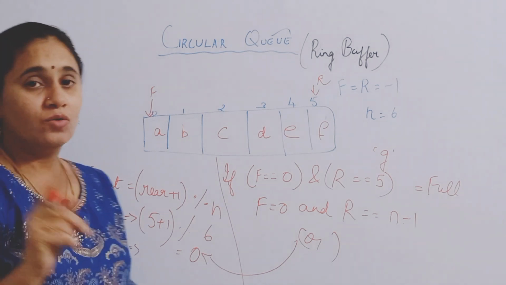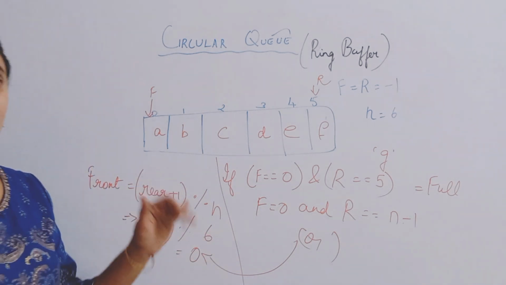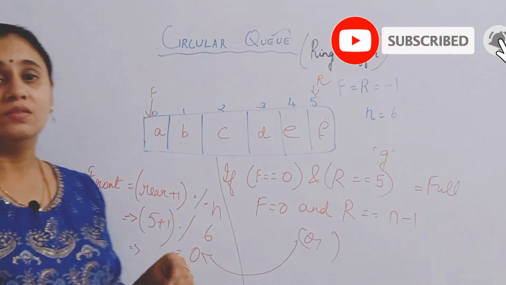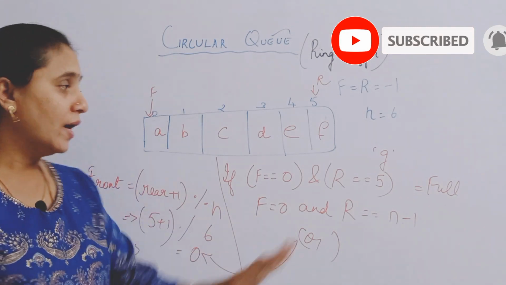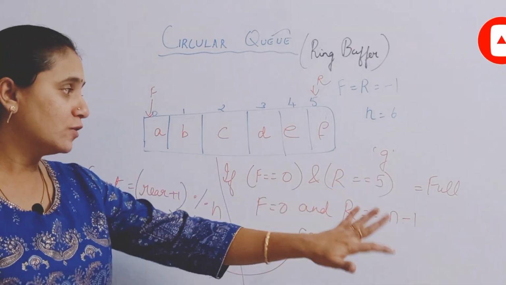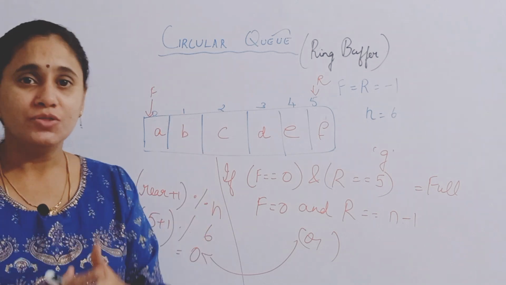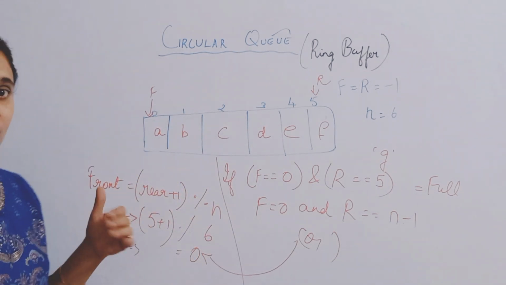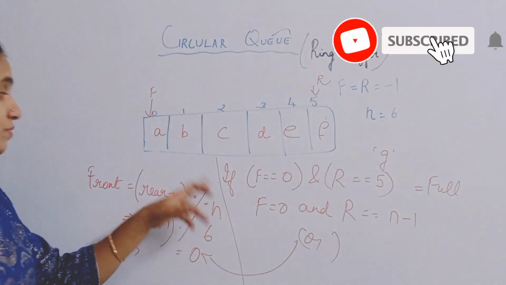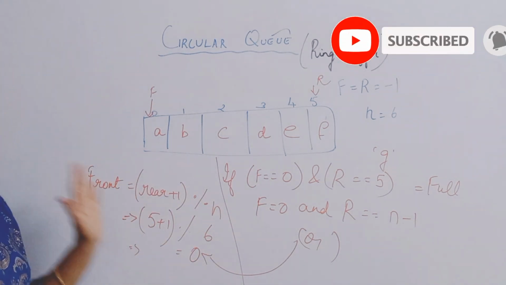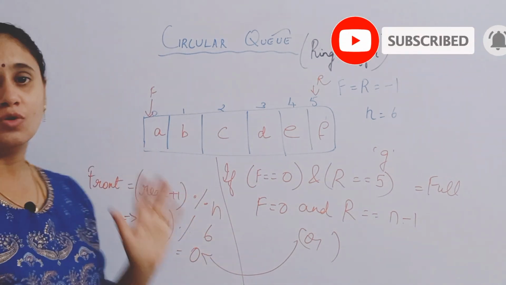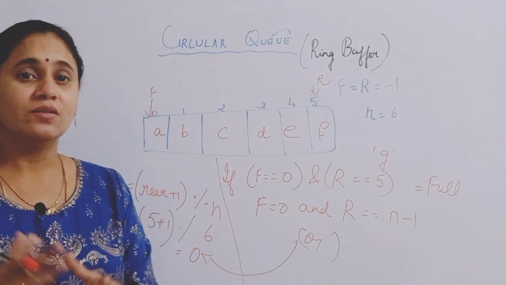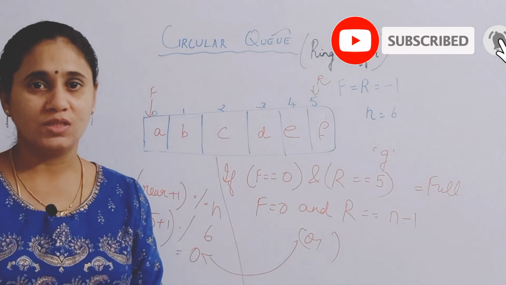As both conditions are merged together in one formula, I can use this. Can you understand? This is a very important formula. Please make a note of it. Friends, are you all clear how we are checking whether the circular Q is full or not?